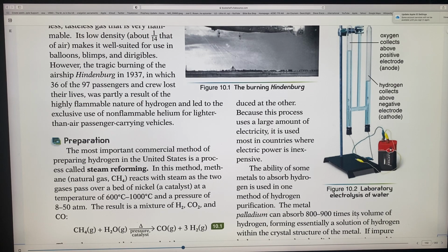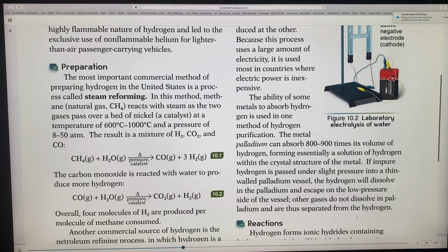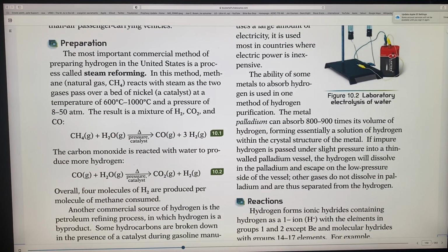The metal palladium absorbs 800 to 900 times its volume of hydrogen, forming essentially a solution of hydrogen with the crystal structure of the metal, in this thin-walled palladium vessel. Other gases do not dissolve in the palladium.